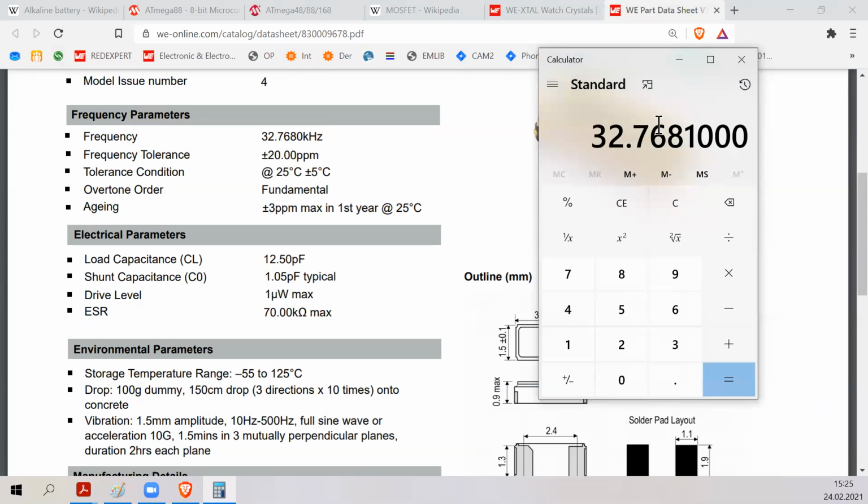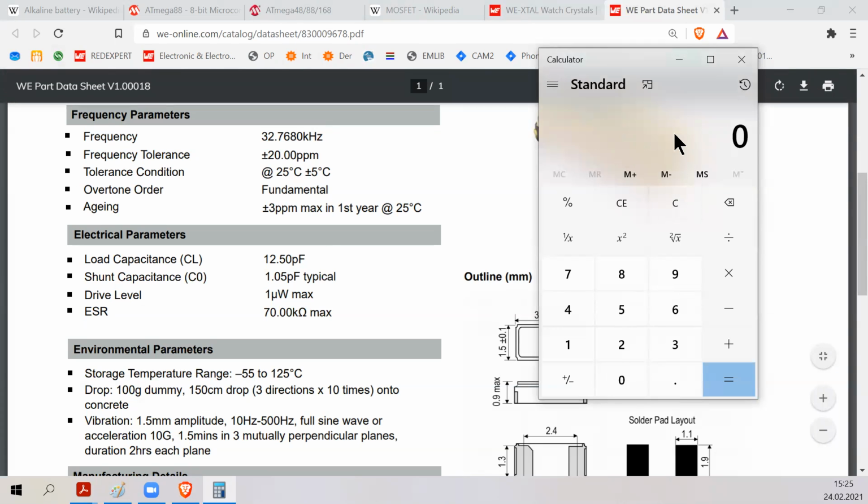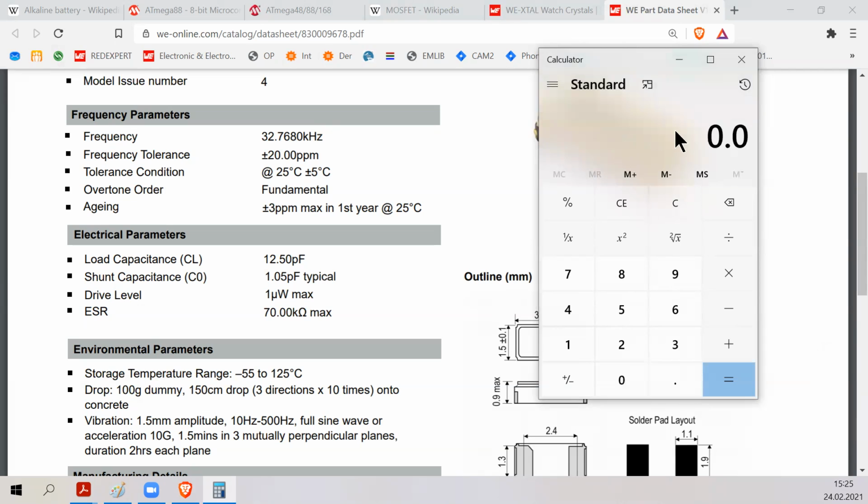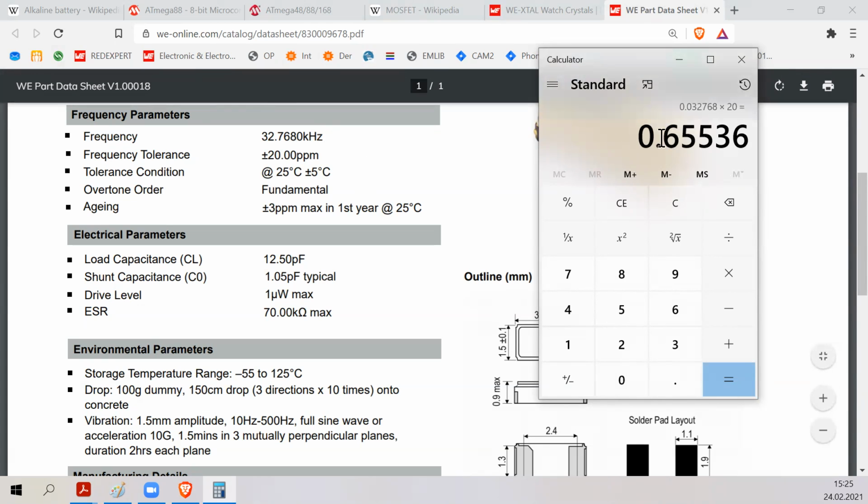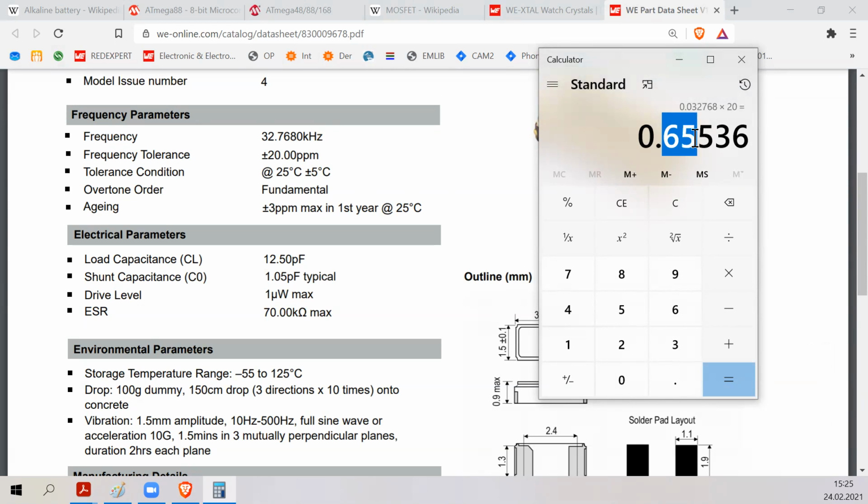How many millions? 0.032768. These are millions multiplied by 20 parts per million. So its imprecision during manufacturing, sample to sample difference will be only 0.65 hertz. So the difference is very small.